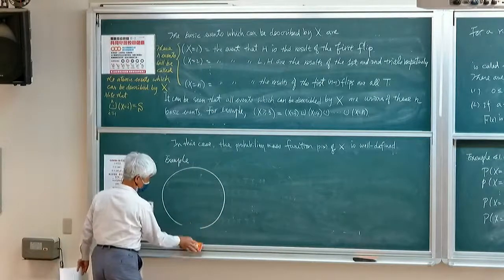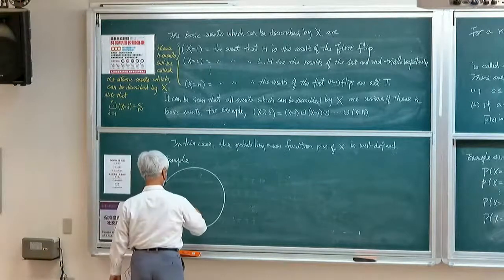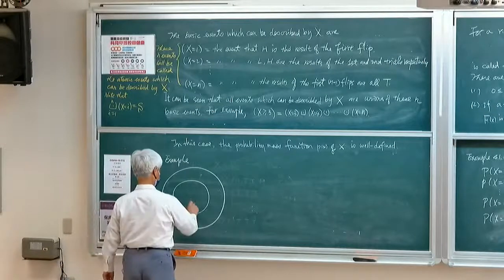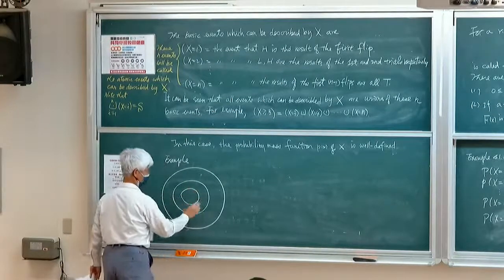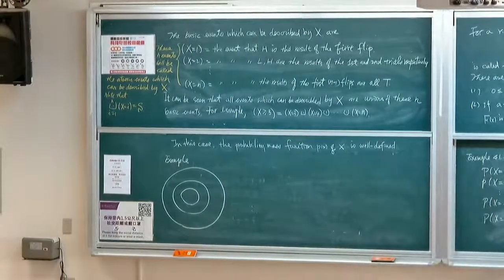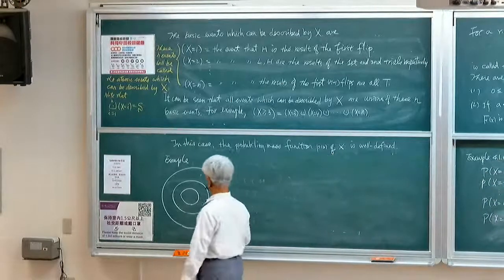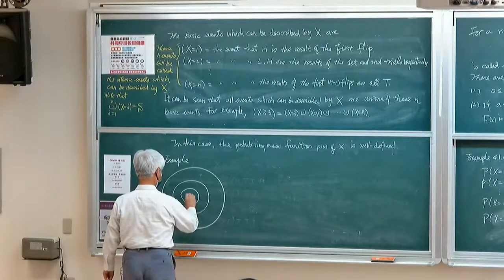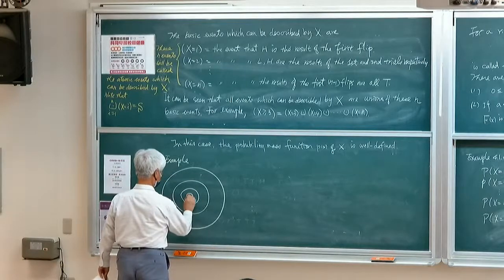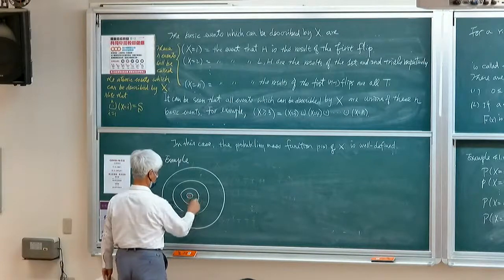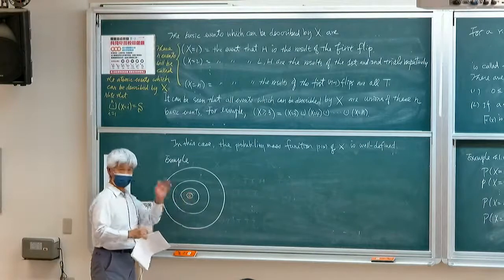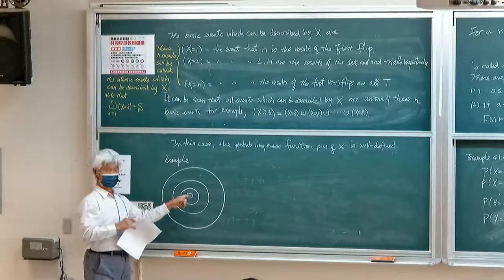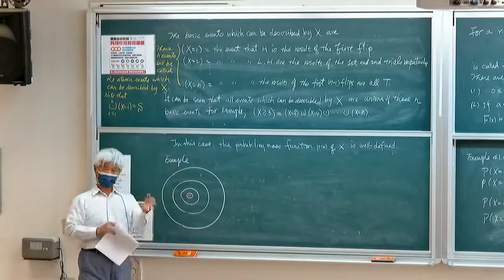Okay, in the game of archery, right in the center disk, when the archer hits the center disk, the score is 10.